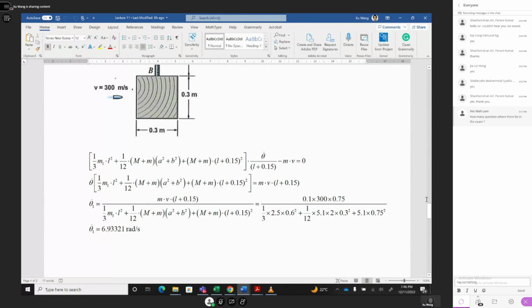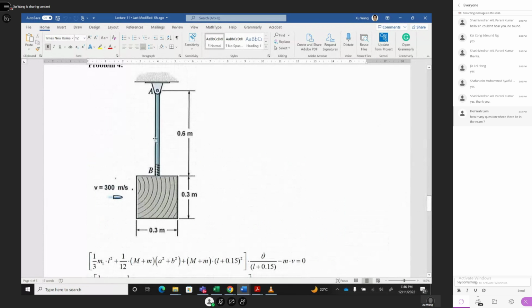And for the second part, the rod's rotational inertia, we know from before with the pivot point here it should be simple: 1/3 of m1 L square, where m1 is this mass, because your pivot point is here. We already proved this in the last question.